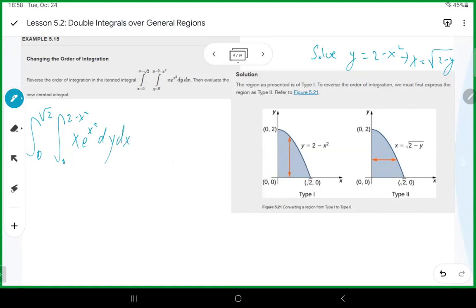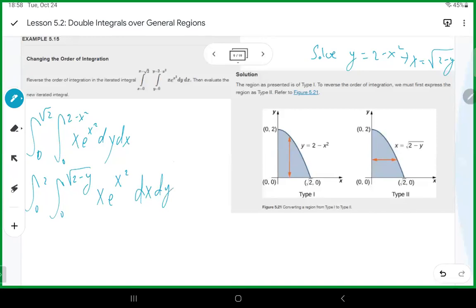Now they want us to switch it around. So we're going to end up with 0 to 2 and 0 to the square root of 2 minus y, and it's going to be xe to the x squared dx dy.